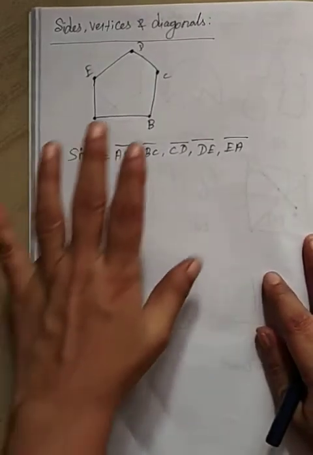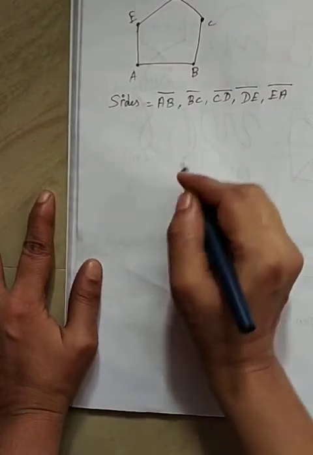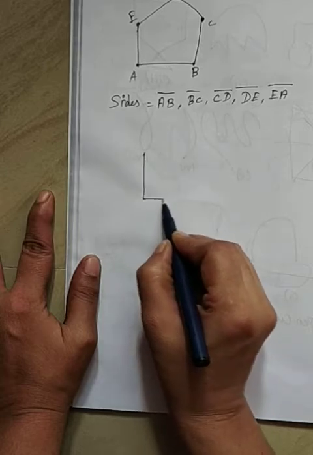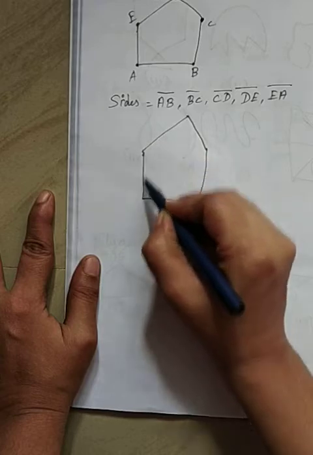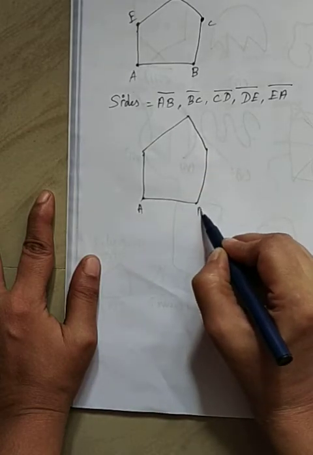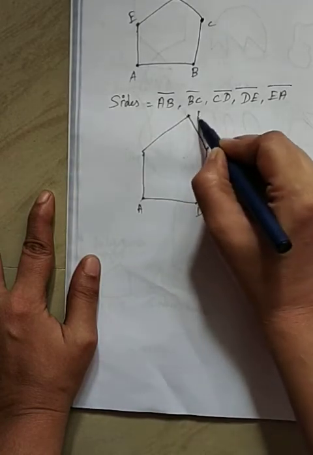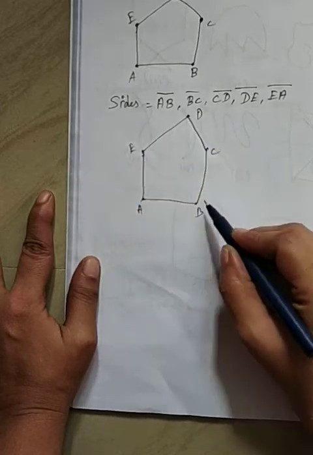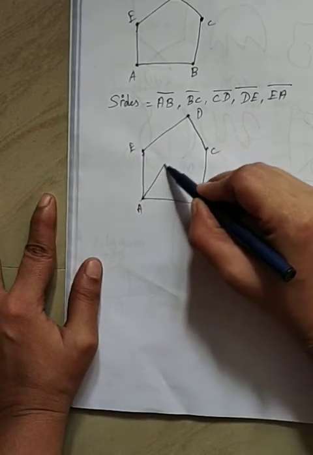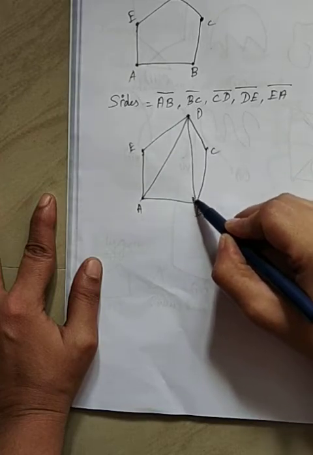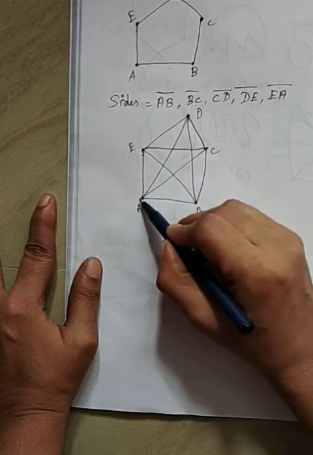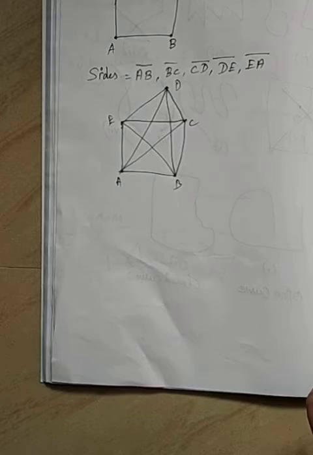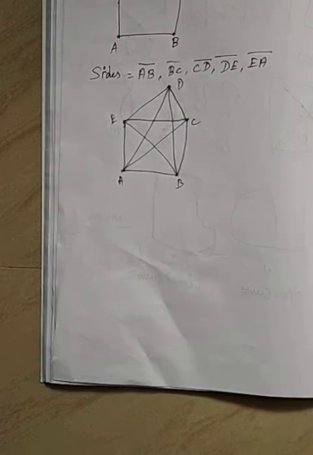See this figure. I have to draw the same figure: A, B, C, D. This one is E. See this diagram. Consider the pair of vertices which are not adjacent.